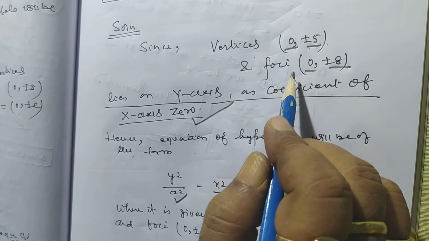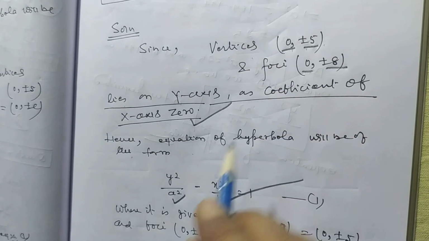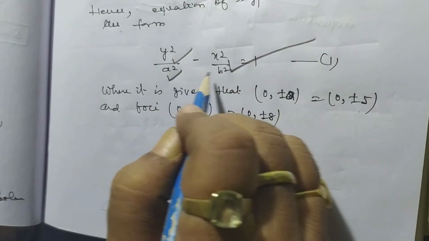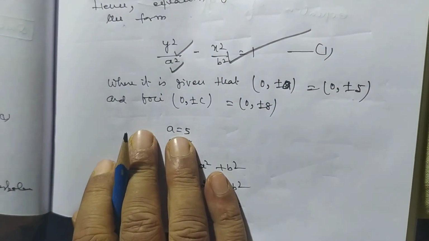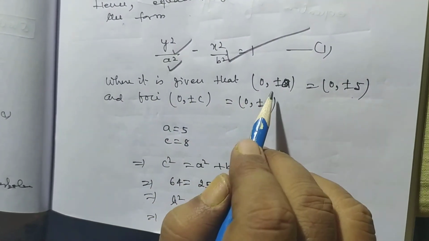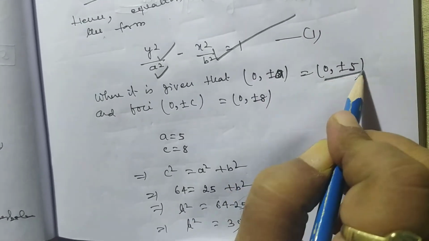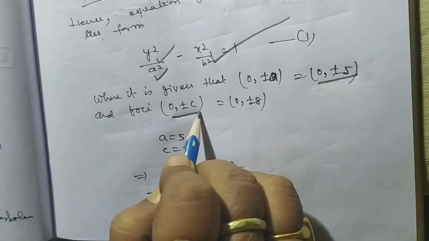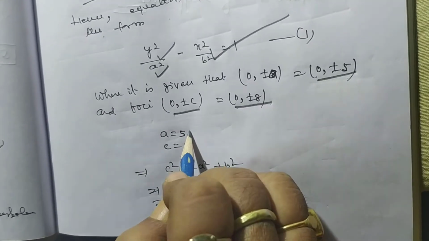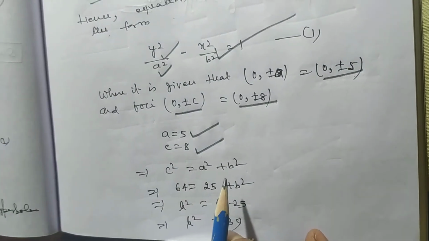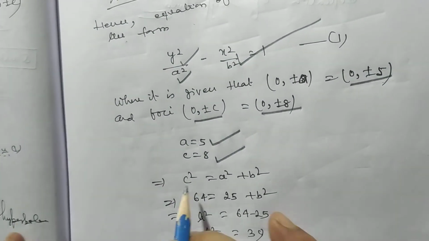So now the equation of the hyperbola will be y square by a square minus x square by b square. It is given that 0 plus minus a is equal to 0 plus minus 5, foci 0 plus minus c, 0 plus minus 8, a is equal to 5, c is equal to 8. Now you can find the value of b square by using this formula.